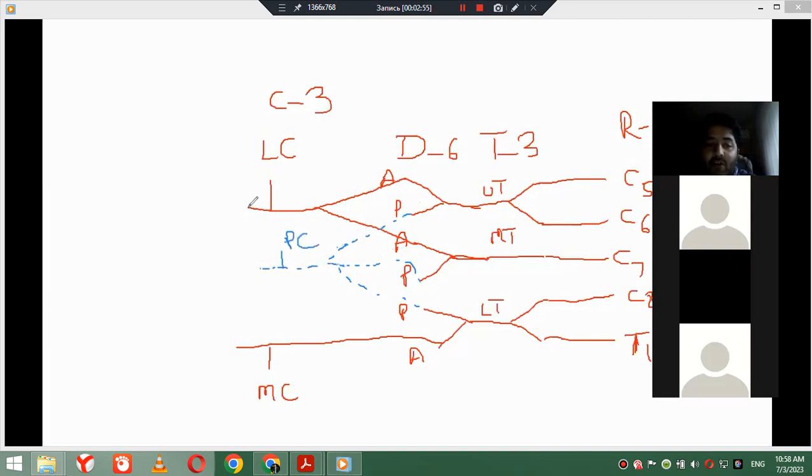Now this lateral cord will give the branch musculocutaneous nerve. The posterior cord continues as the radial nerve, and the medial cord continues as the ulnar nerve.